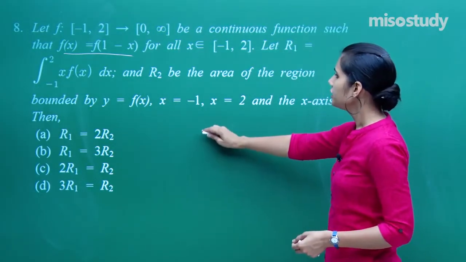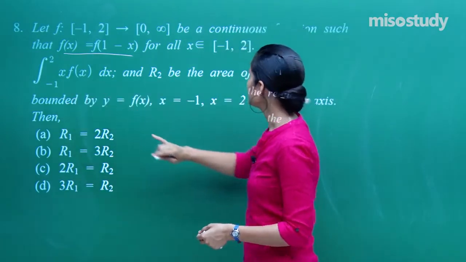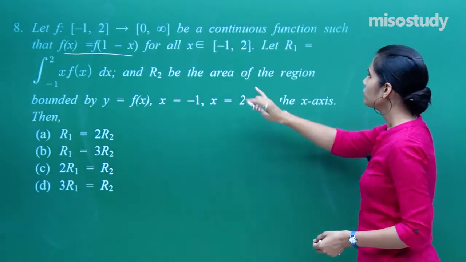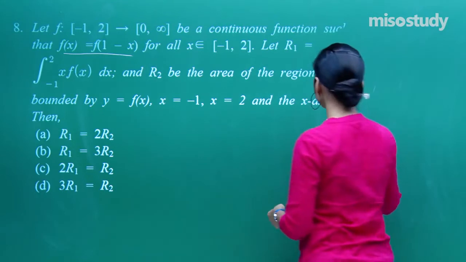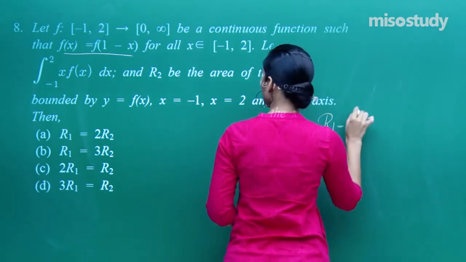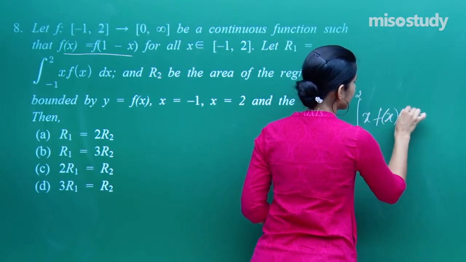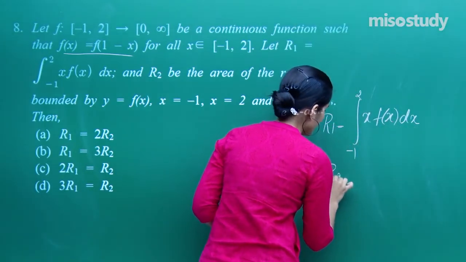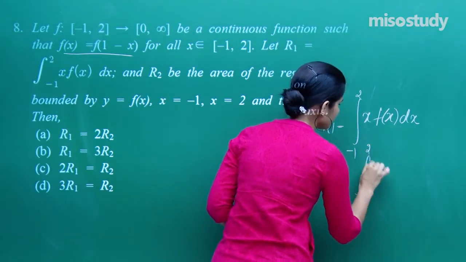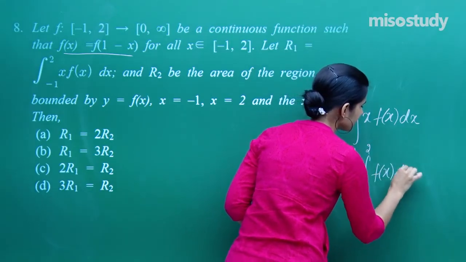Okay, so over here if I consider this particular integral, this is my R1, and R2 is actually the, what is R2? R1 is integral minus 1 to 2 of x f of x dx, and R2 is integral minus 1 to 2 of f of x dx.